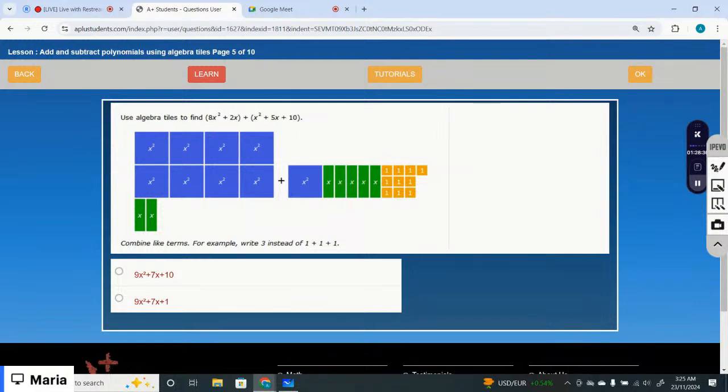That is 9x square plus 7x plus 10. Option number 1 is the correct option.